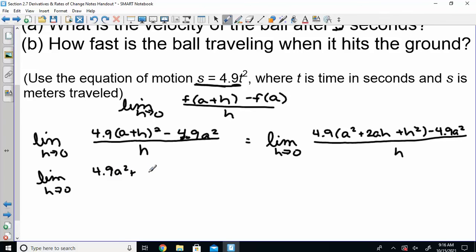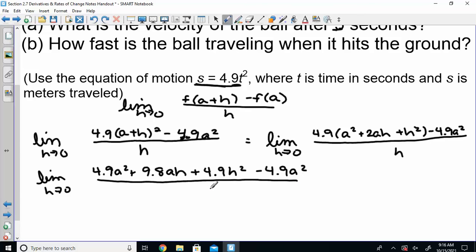We distribute. Now what happens? 4.9 and negative 4.9 cancel. Add your like terms and those cancel.